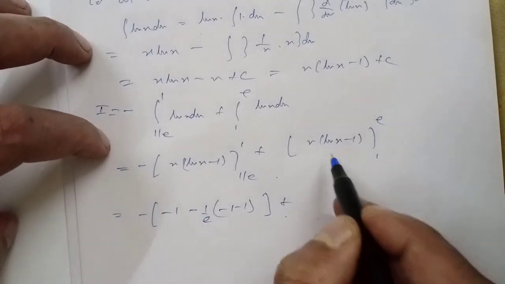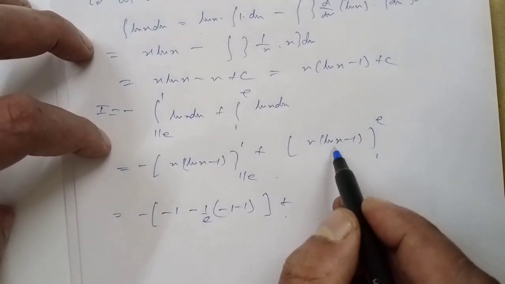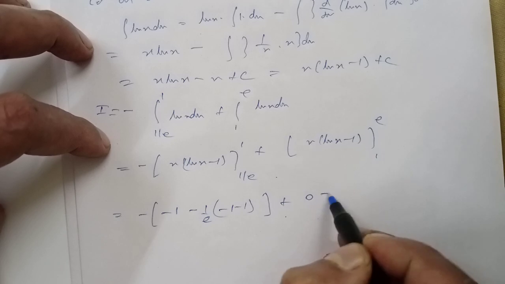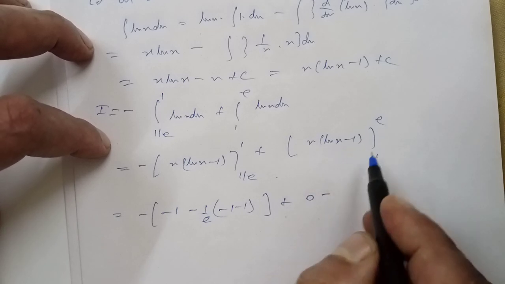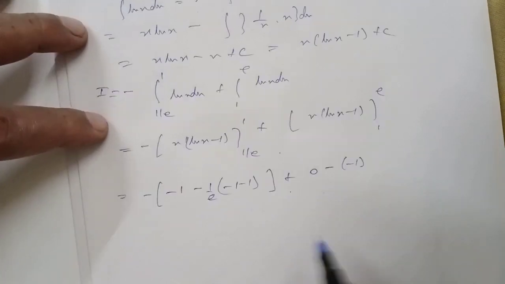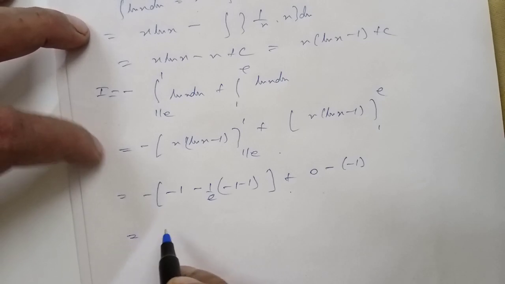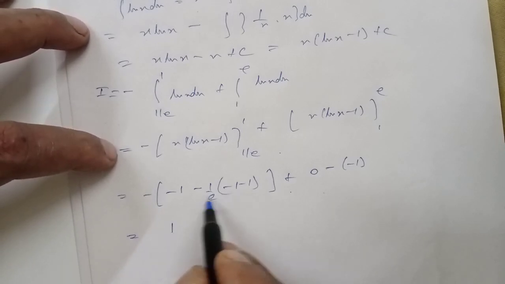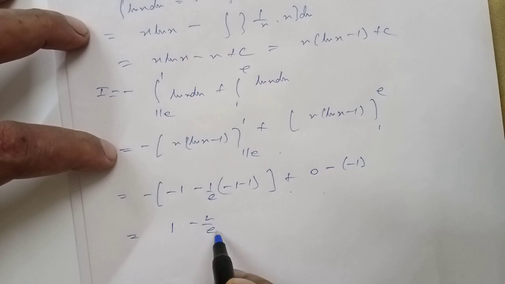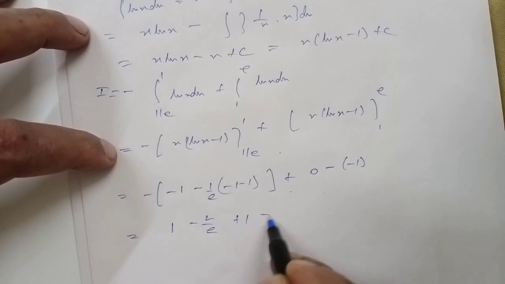Then plus, if you put e here, ln e is 1, 1 minus 1 is 0, minus, if you put 1 here, 1 into minus 1 is minus 1. So finally you get plus 1, minus 2/e plus 1.